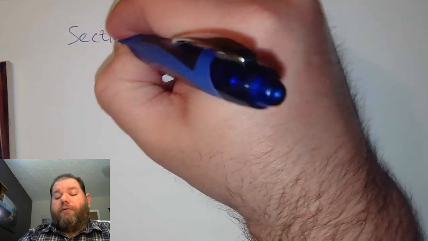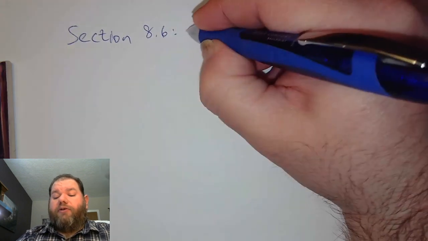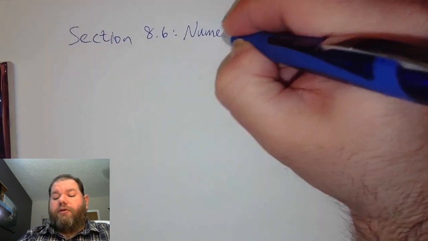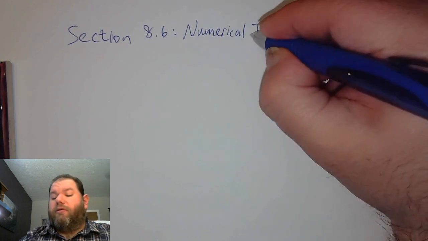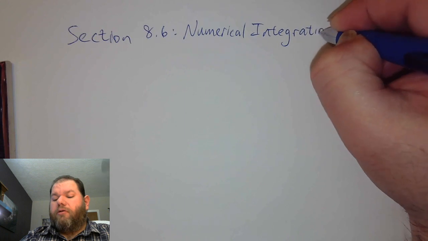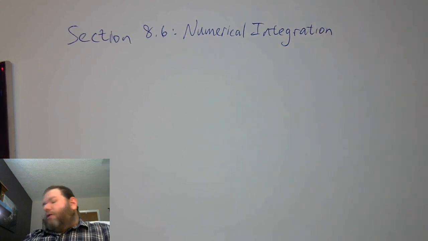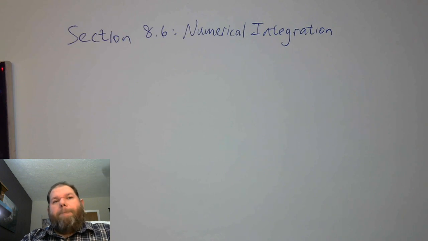Okay, so we're going to start off with section 8.6, which is on numerical integration. The idea of numerical integration is that there are some integrals that we simply cannot integrate by hand.